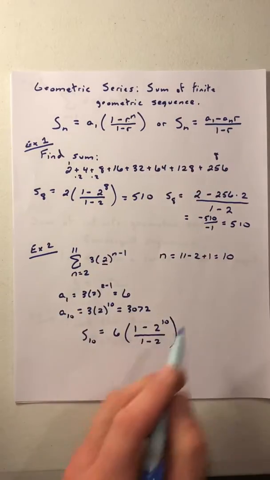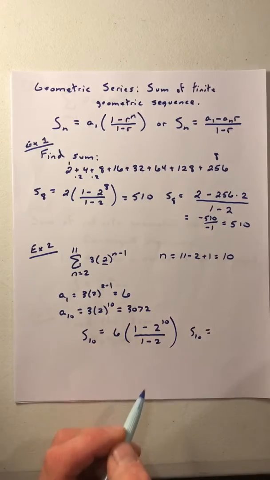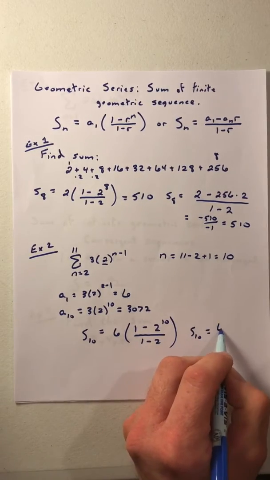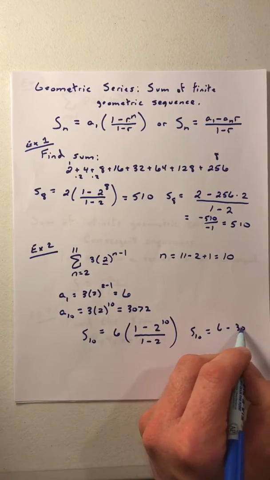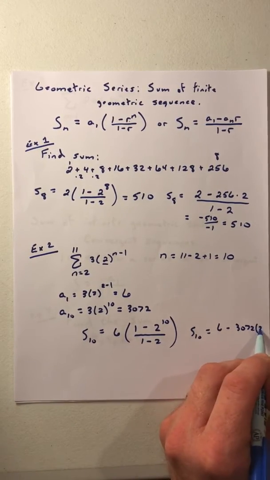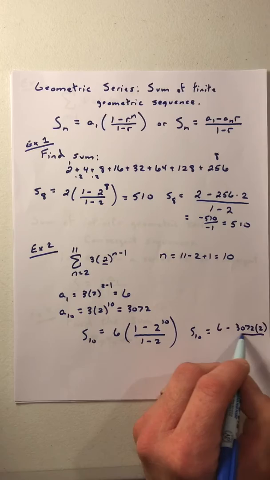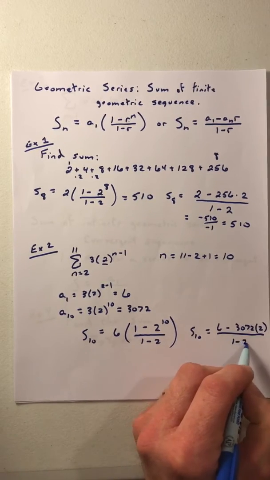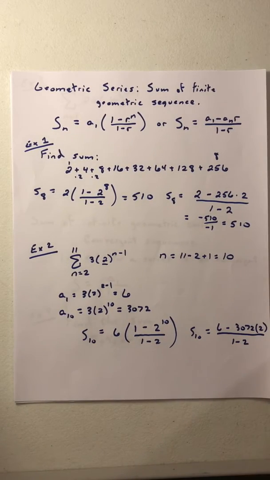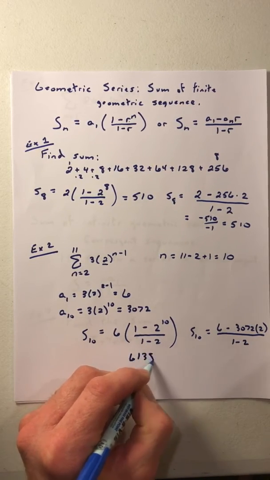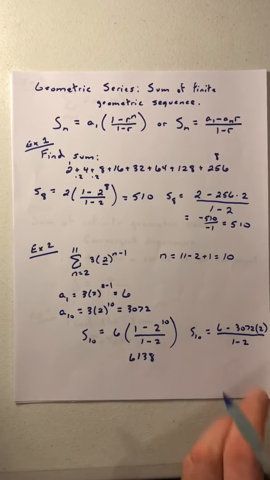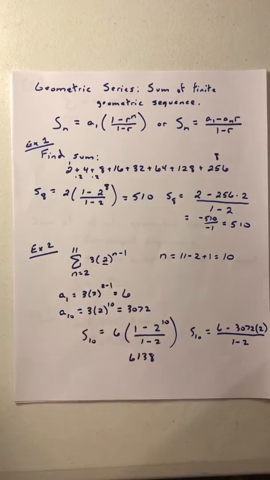If you want to use the other equation, s of 10 is going to equal our first term, which was 6, minus our 10th term, which is 3,072, times the common ratio of 2 over 1 minus 2. Throwing that into the calculator, we should end up with 6,138. And that gives us our summation of that sigma notation.